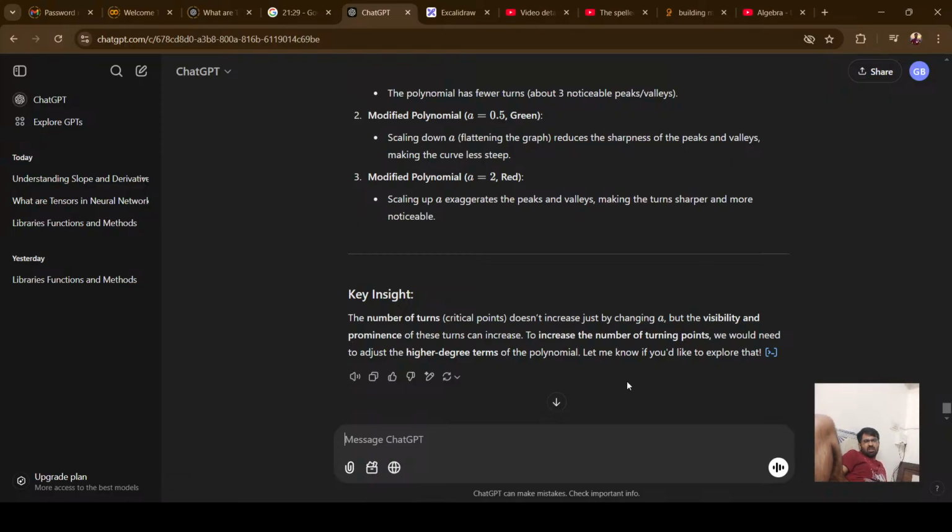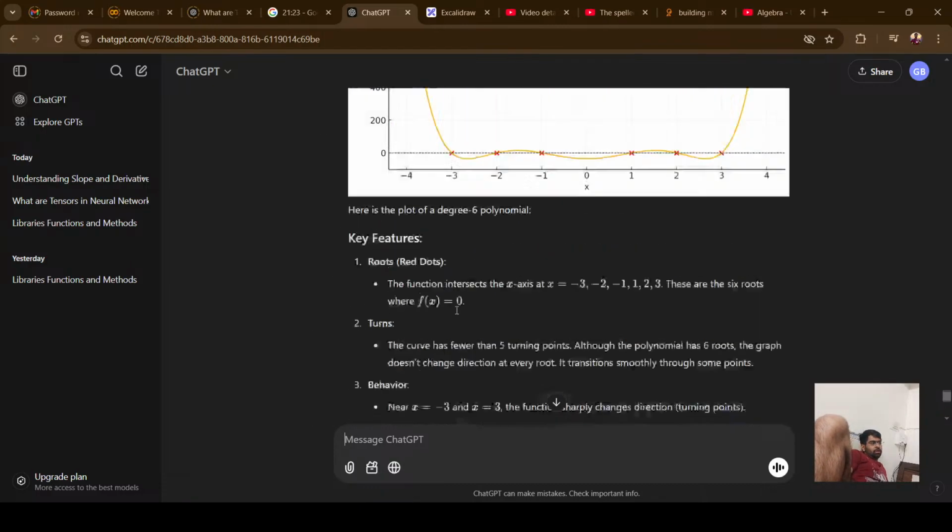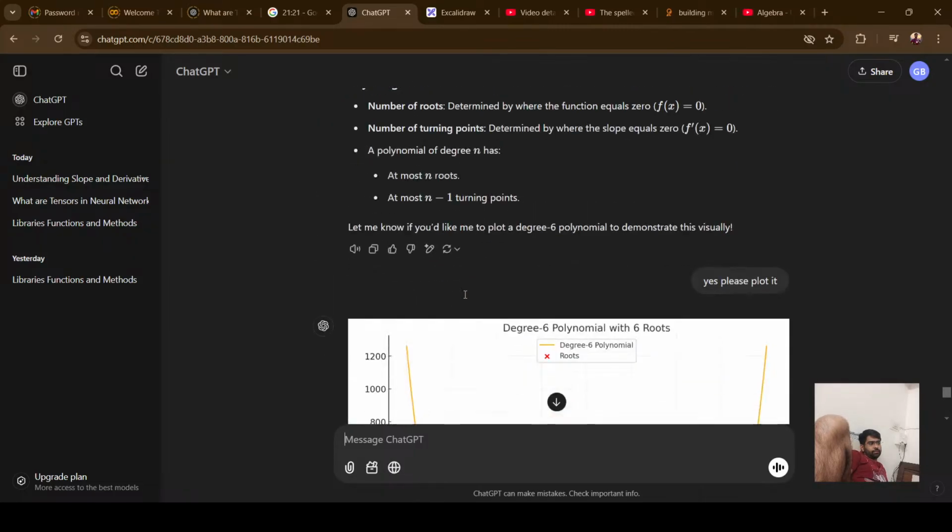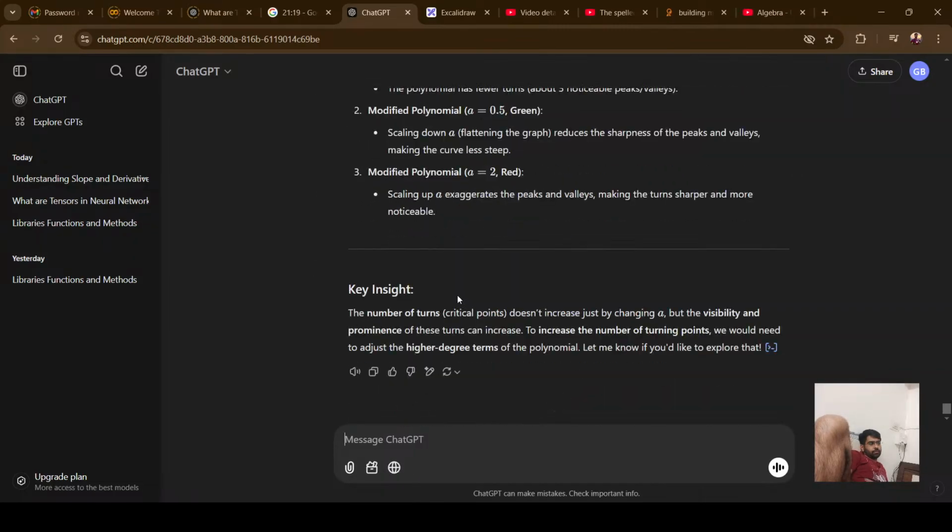I got it, but I don't understand that much. Is it hallucinating? But we got to know, we got to understand, and now we have an understanding of slope.